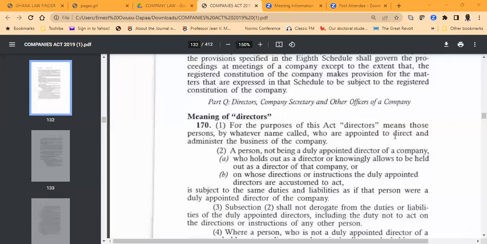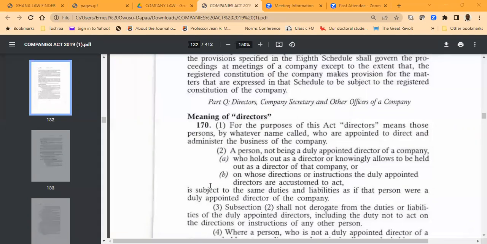Yeah, so we would like to continue with our discussion of company law. And tonight we would like to look at an aspect of corporate governance called directors. But as we have noted before, the concept of corporate governance actually refers to a set of processes and arrangements for governance of the company, for giving direction or administering or managing the company.